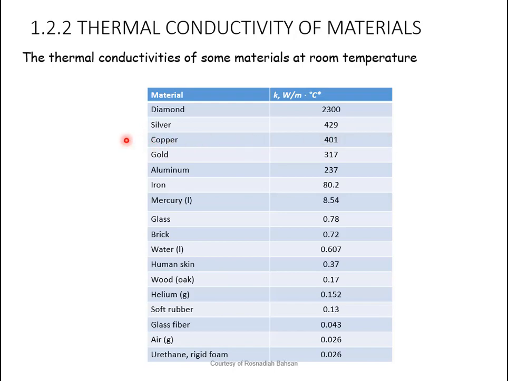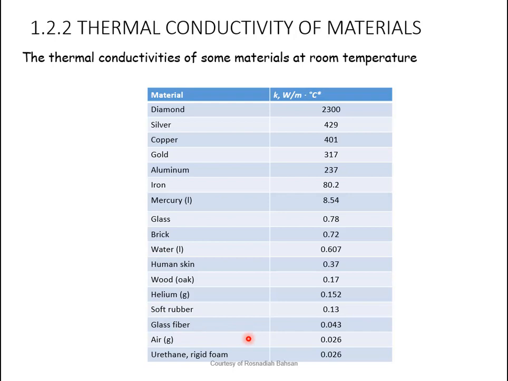Copper wire has a high k. Now let's move to materials that have very low thermal conductivity, for example water and glass fiber.